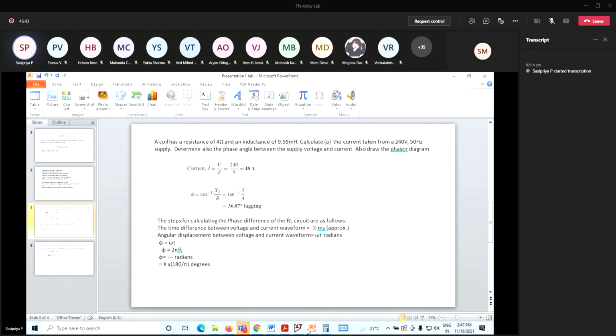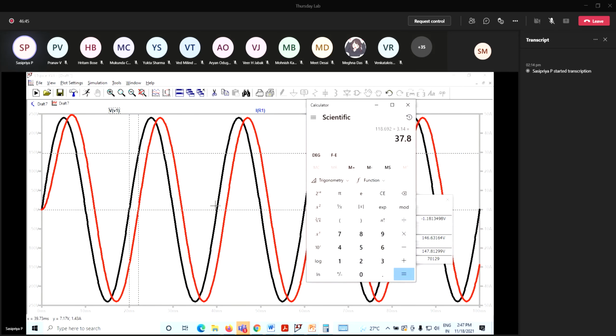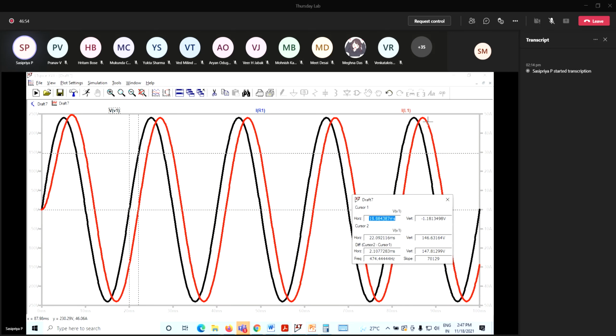So why this difference? Because when we are placing the cursor, that's very important, maybe this is giving an approximate value. So we are getting 37.8 degrees. And what is the magnitude we are getting for the red one? When you click here at the bottom, we get the value: X is 87 milliseconds, Y is 240 volt, 48.03 amps.